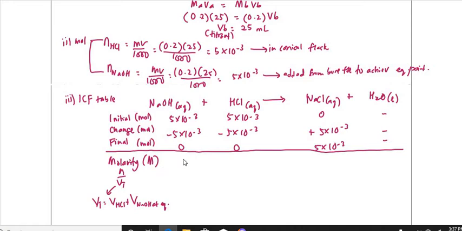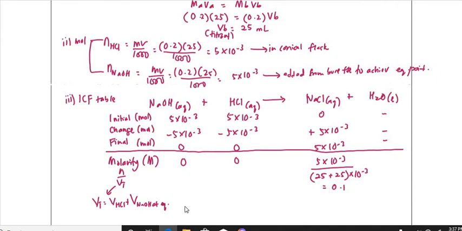So, is 0, 0, 5 exponent negative 3 over 25 plus 25 exponent negative 3. So, you get the value is 0.1.